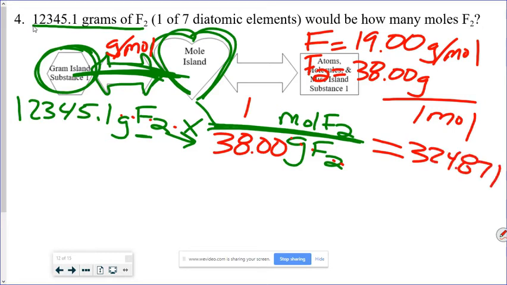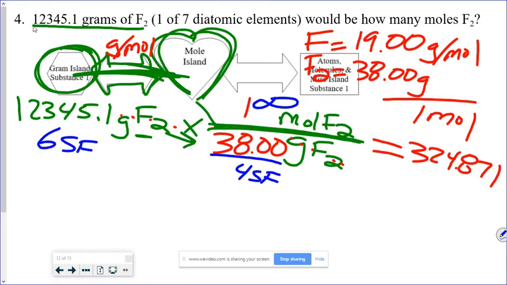I do the math, and I get 324.871 on my calculator. Let's go look at some sig figs. So I go to this first number, and I have 2 sig figs. I go to 38.00, I have 4 sig figs. This 1 is infinite sig figs. That's how many moles there are in exactly 1 mole. So we're never going to count this 1 as just being 1 sig fig.